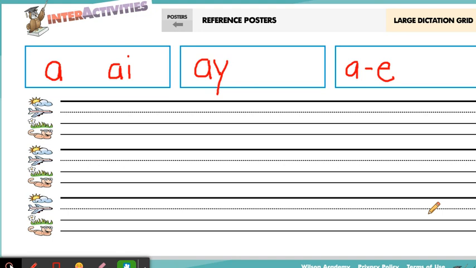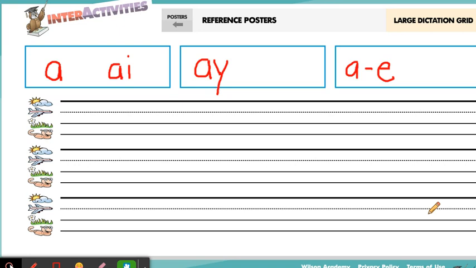As we write this sentence, I want you to think of how do you start your sentence? Always with a what? Capital letter, yes. And how do you always end your sentence? With a period or a question mark. You need some type of punctuation.